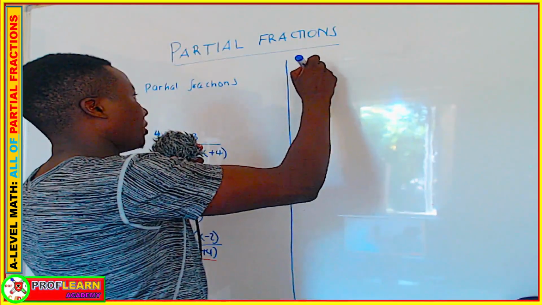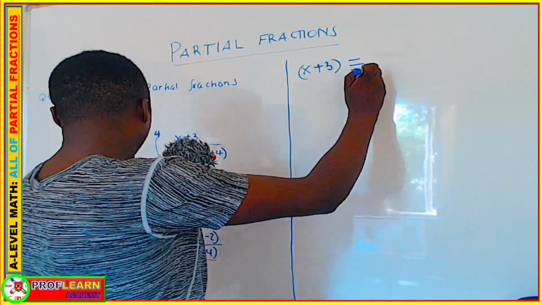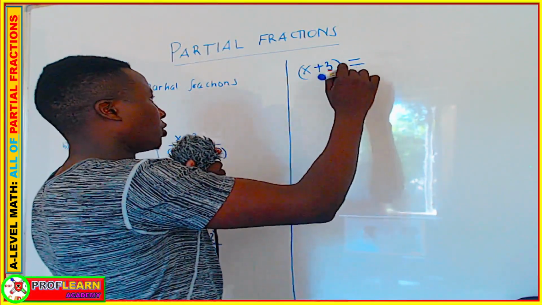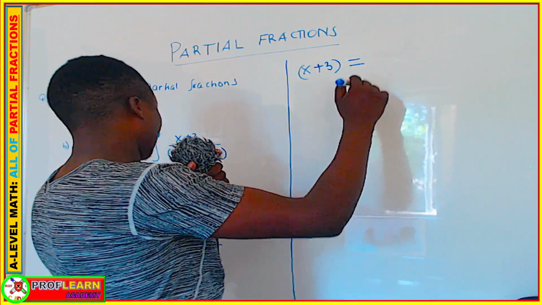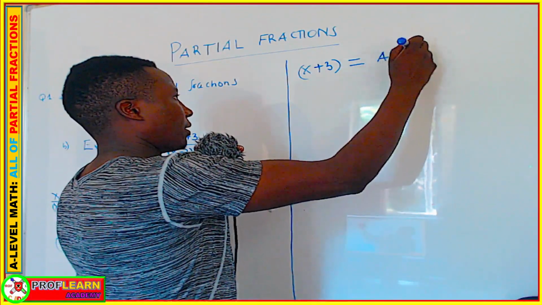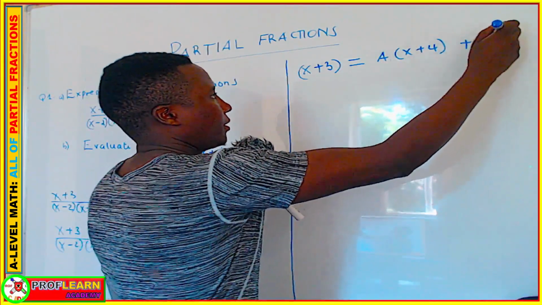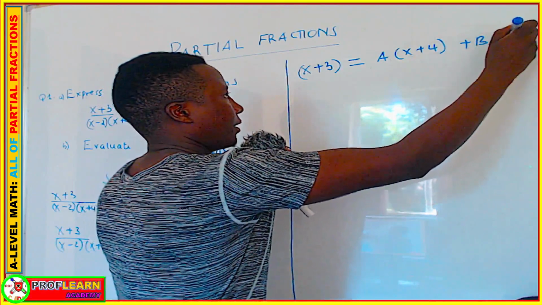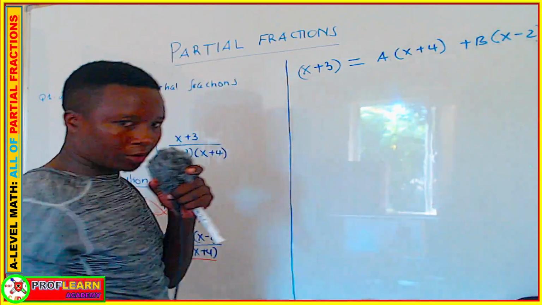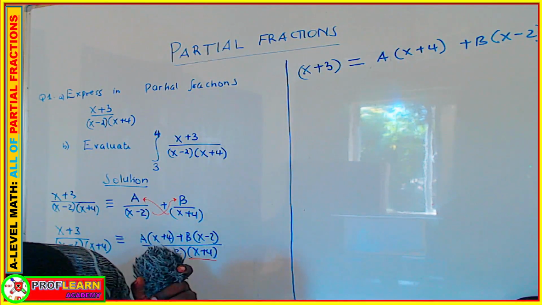So x plus 3 is going to be equal to a into (x plus 4) plus b into (x minus 2). Now that we have this, we are going to go further.